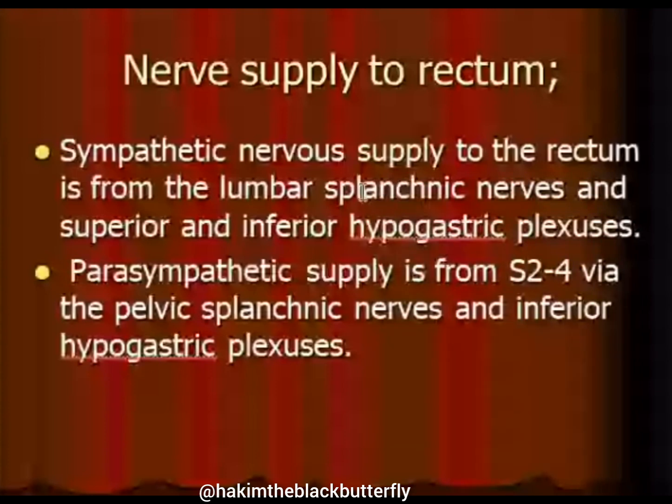And the branches of the sympathetic trunk which are in the lumbar region, we call them lumbar splanchnics. These branches are going to form a network known as the superior hypogastric plexus and the inferior hypogastric plexus.